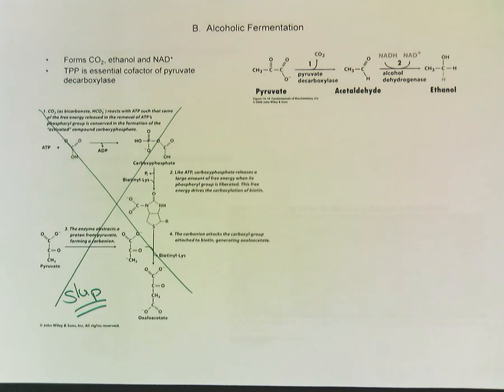So, alcoholic fermentation. This is how, if you're like the 4 of you that's old enough to have the home brew kit, this is how it would work. So, your glucose, especially using yeast, can go down this new pathway under anaerobic conditions and produce ethanol.